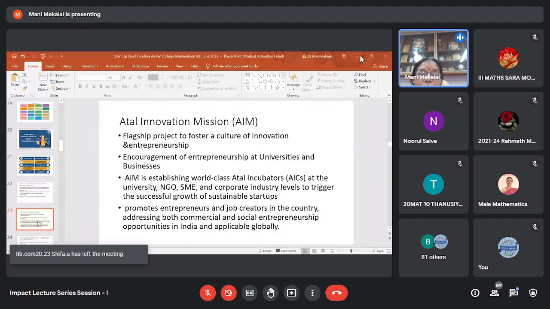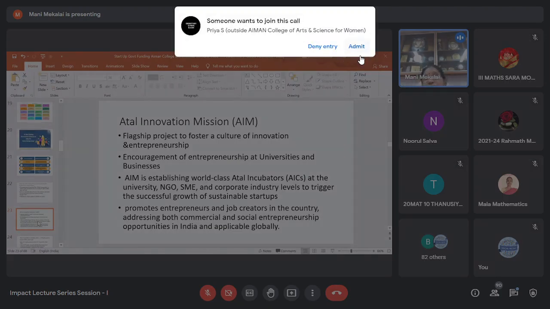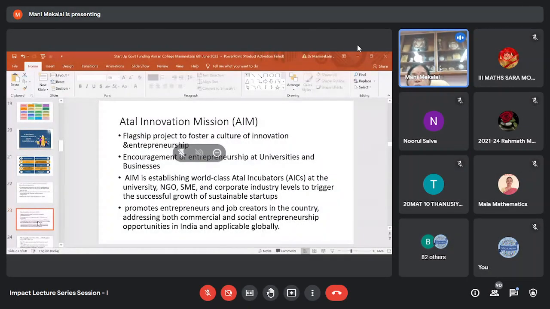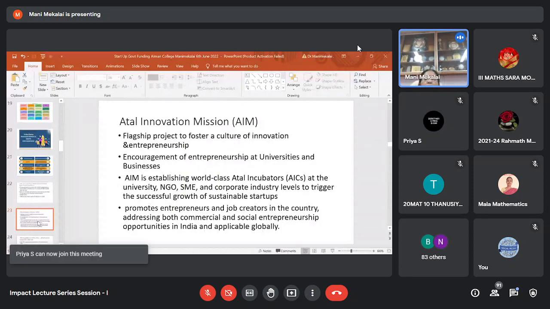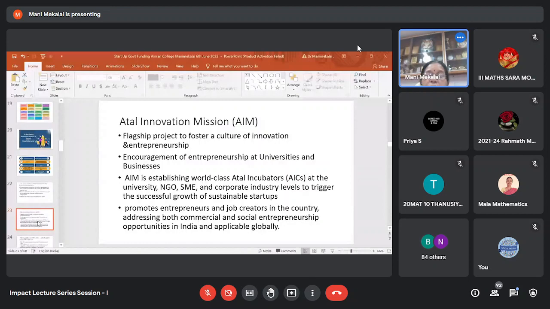This is the Atal Innovation Mission, establishing world-class Atal incubators. So nowadays, it is the question of incubators. I was talking in the beginning that the students themselves could be given some opportunities to work within the college campus, wherein you will visualize the entrepreneurial aspect developing among the students.